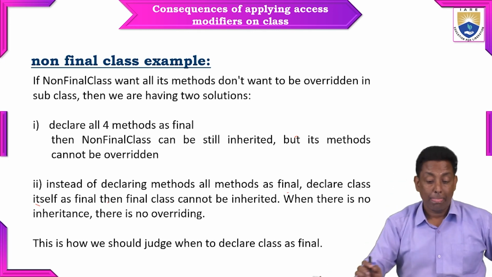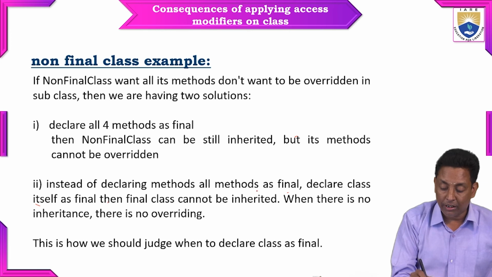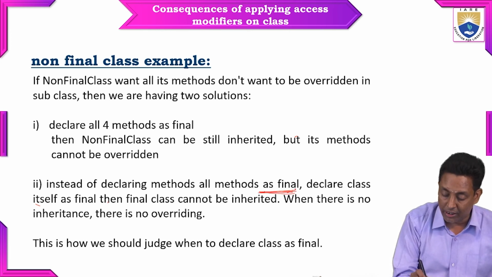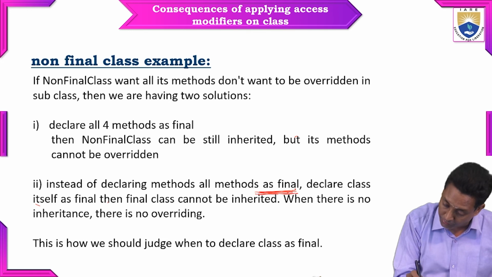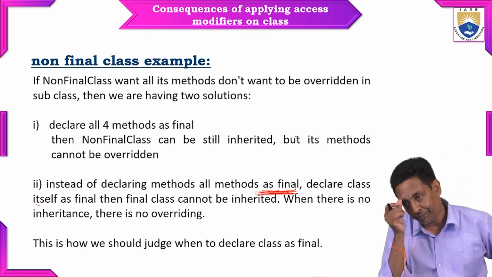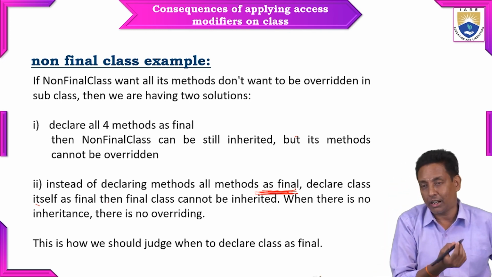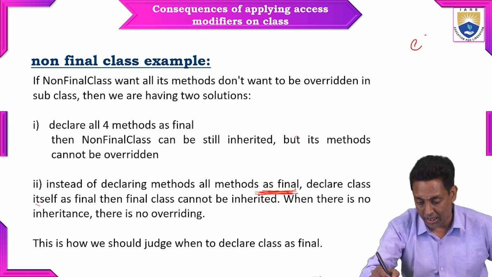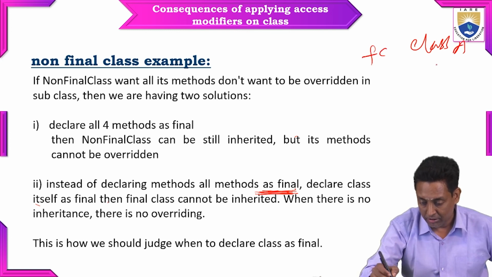But one thing: if you declare a class as final, the class cannot be inherited, and inheritance is one of the features we lose. Suppose there is a class A with some 10 methods.